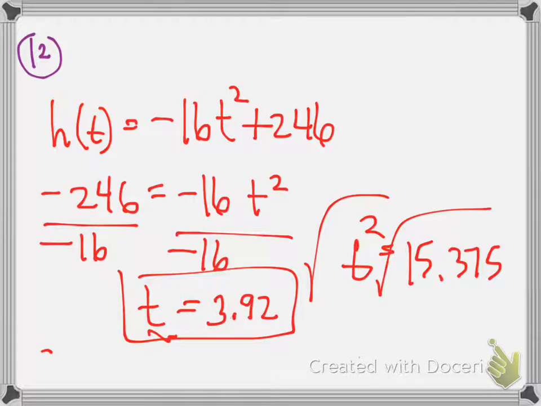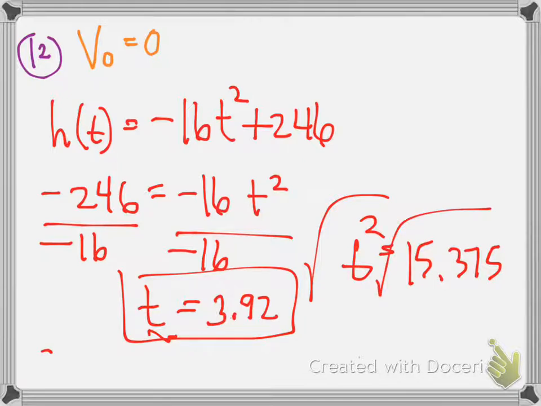This problem is number 12. A ring is dropped from a helicopter at an altitude of 246. How long does it take the ring to reach the ground? So because it's just dropped, velocity is 0. Anytime you drop something, it's only affected by gravity.